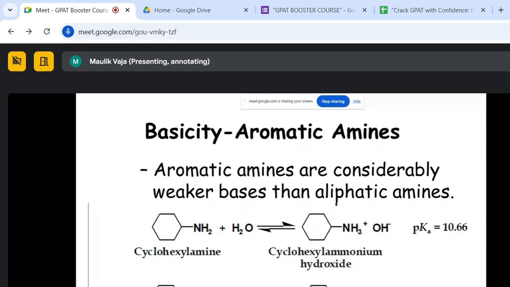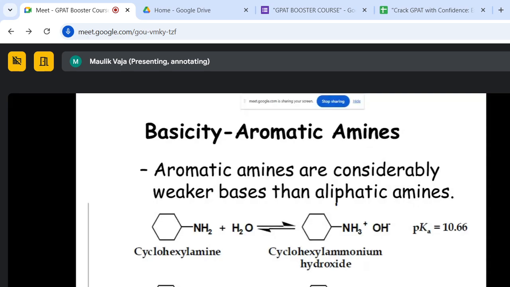So aniline, para-nitroaniline, and para-methylaniline, which will be the stronger base? Okay, so para-methylaniline, correct.